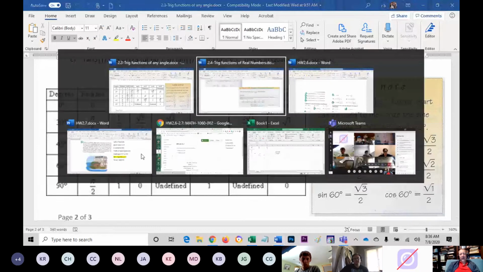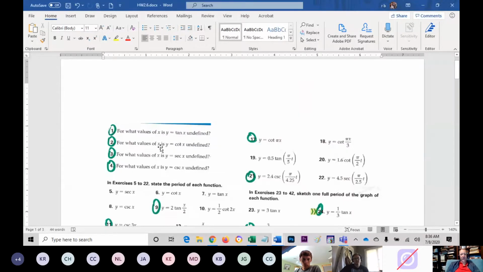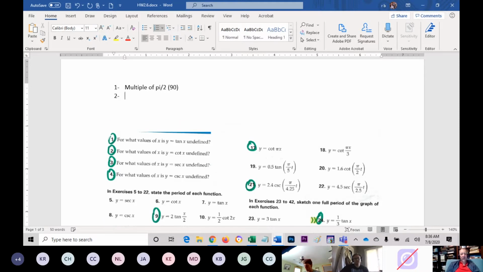Okay, all right, so now let's go back. We can kind of refer to this table. This is the table that I think you guys are going to use to answer these 4 questions. So number 1 is multiples of pi halves, which is 90 degrees. Number 2, for what value is the cotangent undefined?